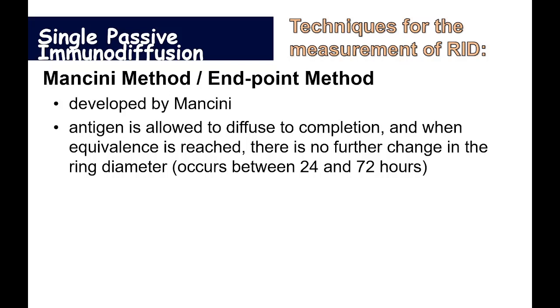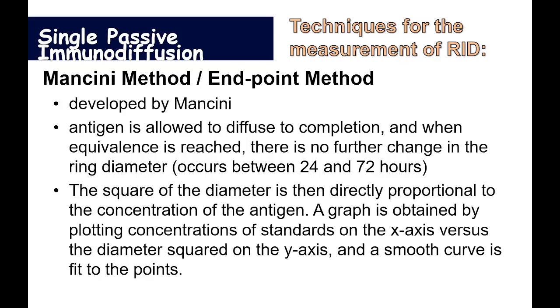So usually in the Mancini method or endpoint method, the reaction is read within 24 hours to 72 hours. And then the square of the diameter is directly proportional to the concentration of the antigen. And then a graph is obtained by plotting concentrations of standards on the x-axis versus the diameter squared on the y-axis, and a smooth curve is fit to the points.